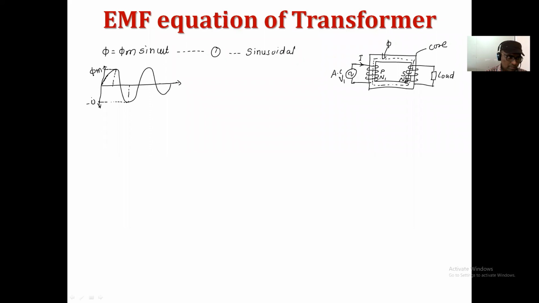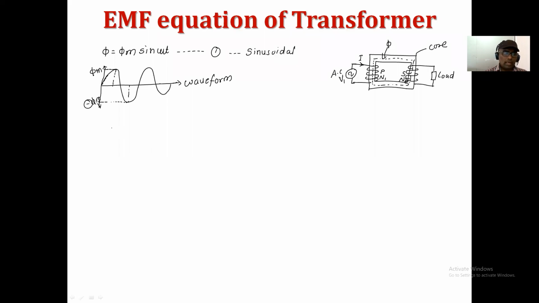We say it's minus phi m. The minus sign indicates only that the direction is opposite, nothing more than that. So this is the waveform of the alternating magnetic flux, or you can say the sinusoidal magnetic flux. Okay.